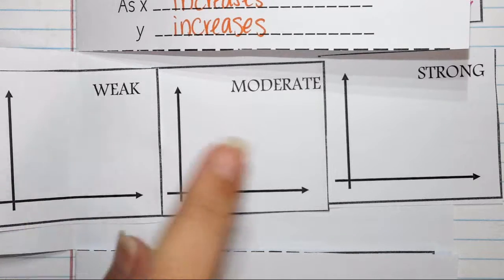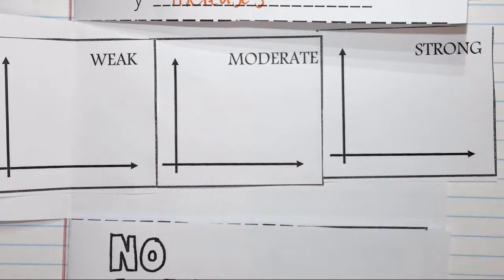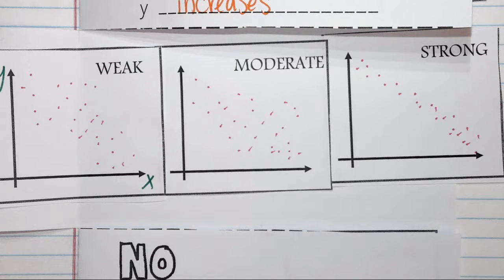We are drawing our weak, moderate, and strong negative correlation. Yes, you have to add the middle two terms. Does yours look similar to mine?